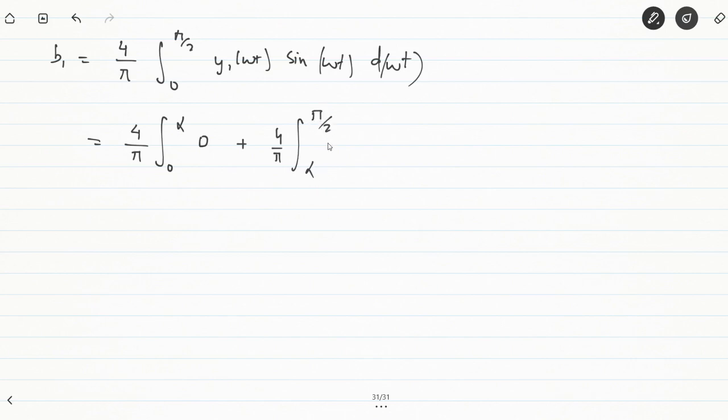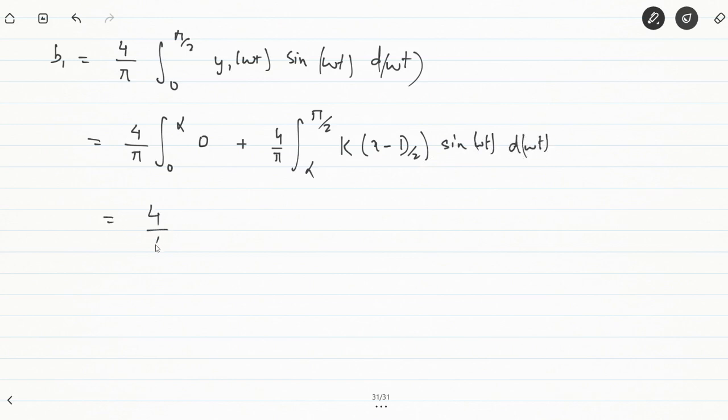Fine. We know that this function has an odd wave symmetry, so we are only integrating from 0 to pi by 2. B1 is equal to 2 by T, and here since T is pi by 2, this becomes 4 by pi, integral from alpha to pi by 2, and y1 will be for this period k x minus d by 2 times sine of omega t d omega t.